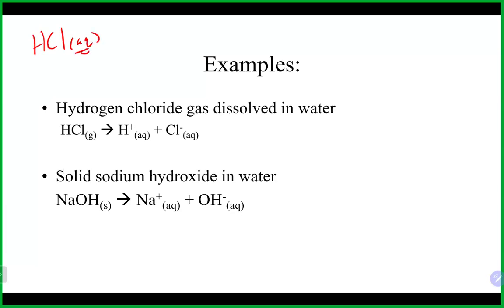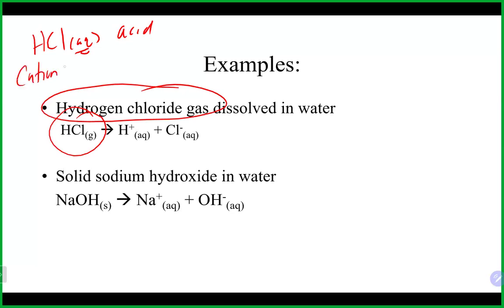That aqueous symbol indicates that it's an acid and not, in this case, hydrogen chloride gas in the gas state. So again, an acid should always have that aqueous symbol, and a reminder that the cation for all acids is pretty much H plus, the positively charged guy that is there.